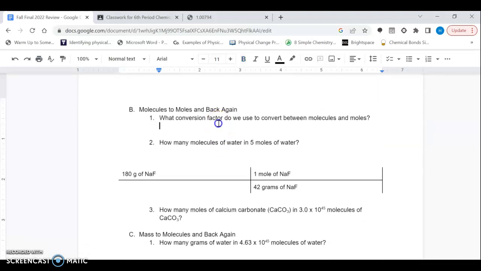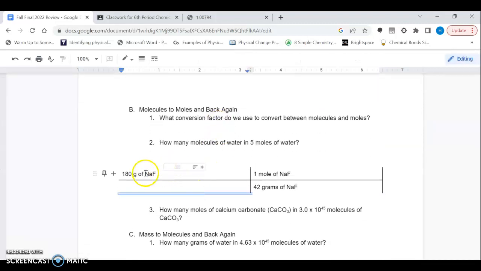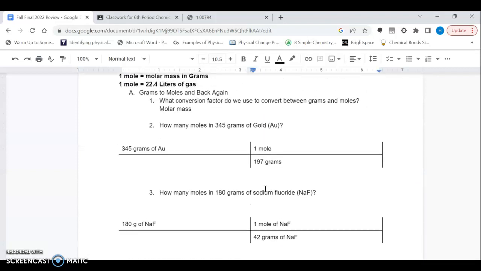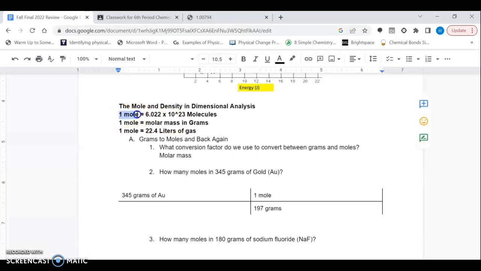So if we look at this first problem, number 1, we're using Avogadro's number, which is 6 times 10 to the 23rd molecules, which is that first option on the list. How many molecules of water are in 5 moles of water? Well, 5 moles of water. Great, if I look at the conversion factor, I'll see 1 mole is 6 times 10 to the 23rd molecules.